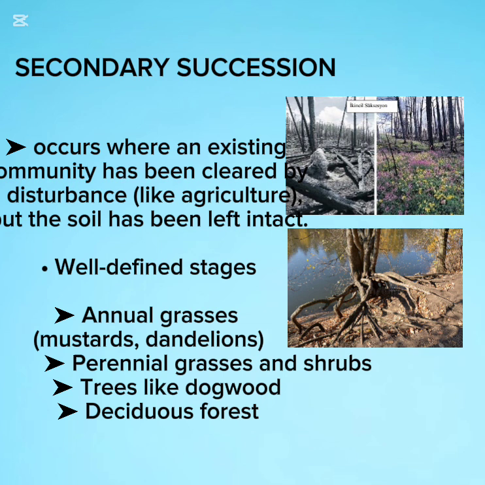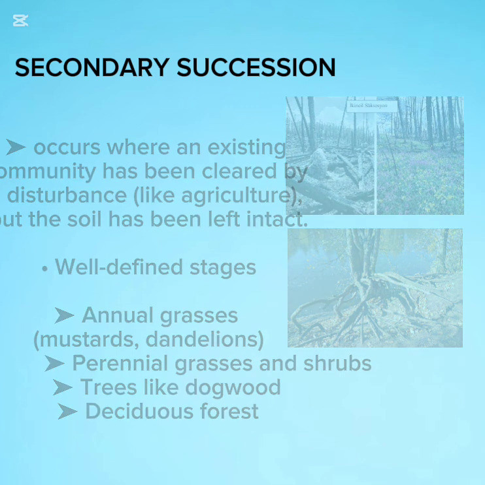Example: after a forest is cleared for agriculture but later abandoned, grasses quickly colonize the abandoned fields, followed by shrubs and small trees. Over time, the area will regenerate into a forest. This is an example of secondary succession, as the ecosystem rebuilds from the remains of a previous community.